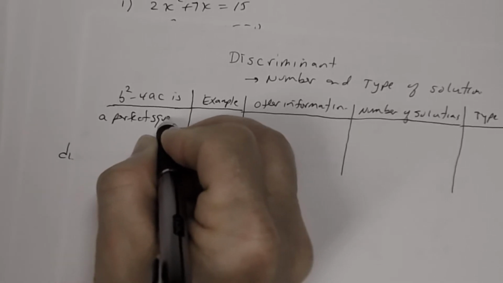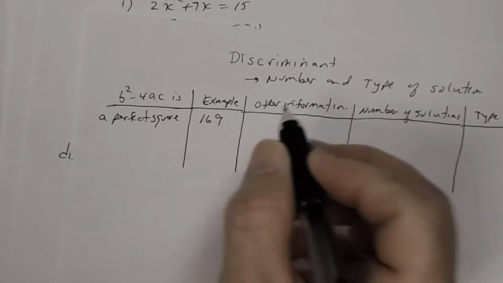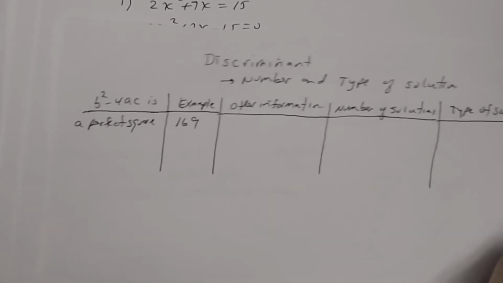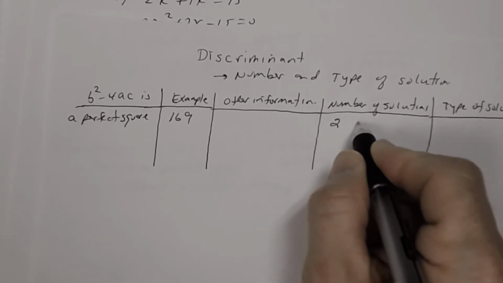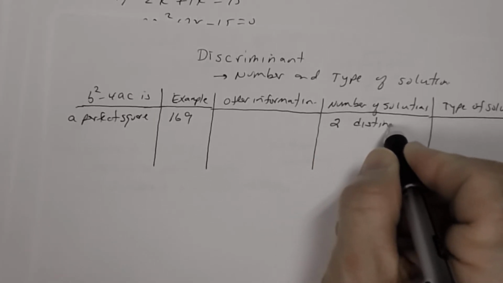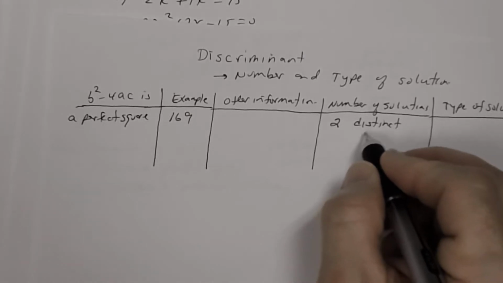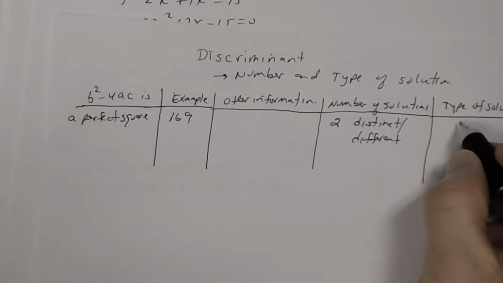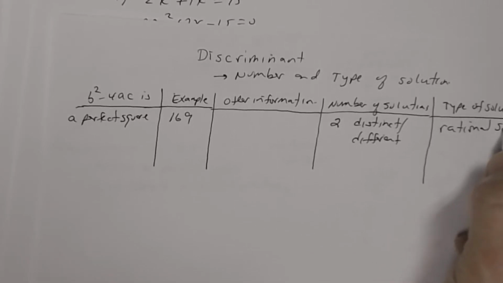If it's a perfect square, example like 169, we're going to end up with, we'll leave this off for a while, the number of solutions will be two distinct, or two different, and these are rational solutions.